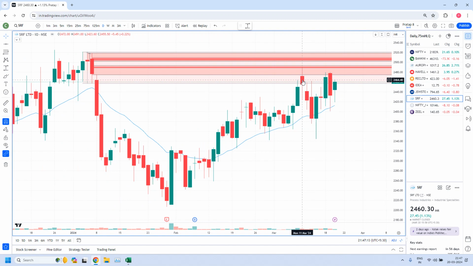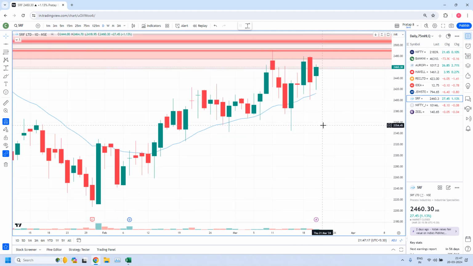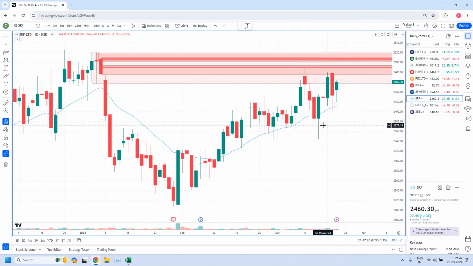Probably that is the day we discussed this, if I am not wrong. If not 11th March, maybe it could have been on 6th March or 22nd February, because these price levels are only near to this zone.